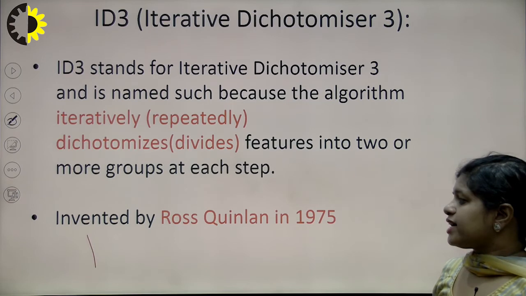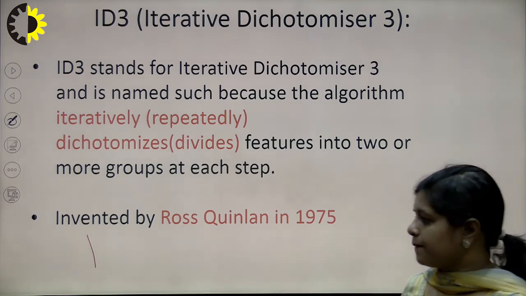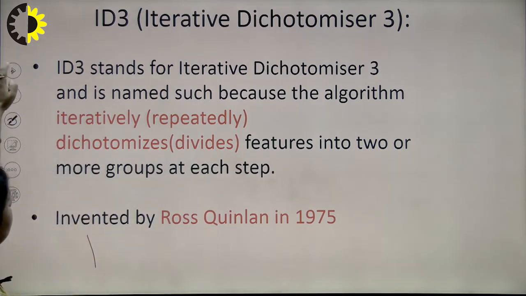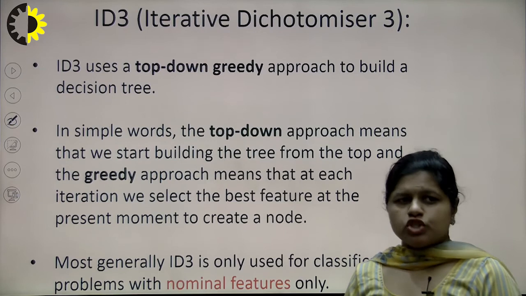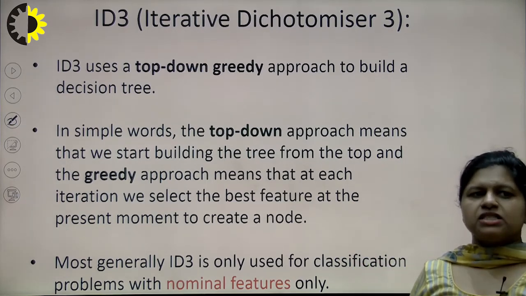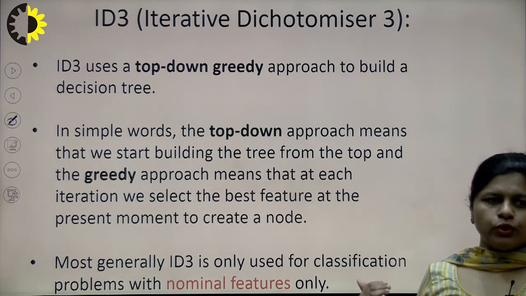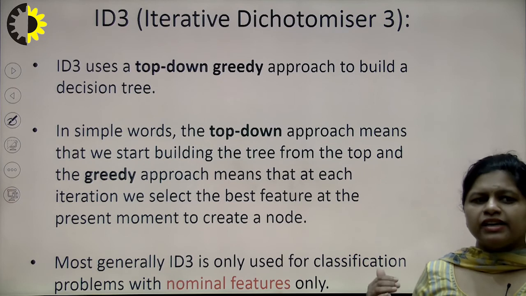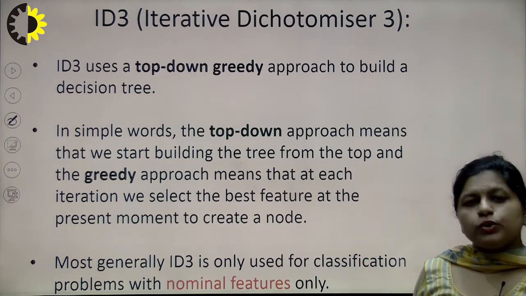ID3 was invented by Ross Quinlan in 1975. ID3 uses a top-down greedy approach to build a decision tree. In simple words, the top-down approach means that we start building the tree from the top, from the root node, and the greedy approach means that at each iteration we select the best feature at the present moment to create a node.